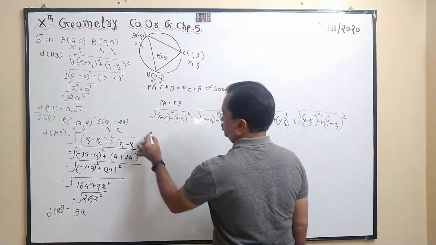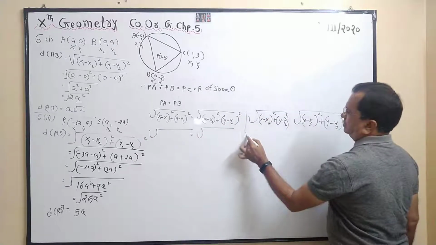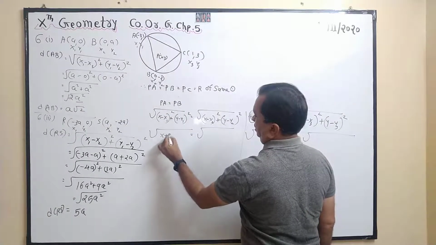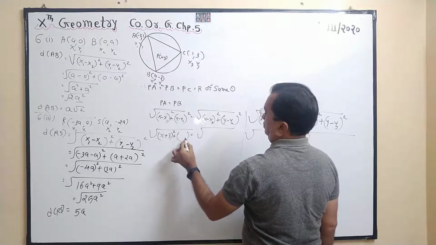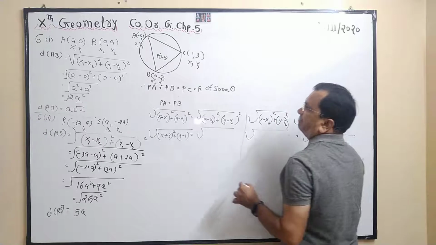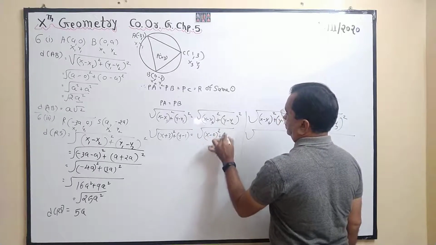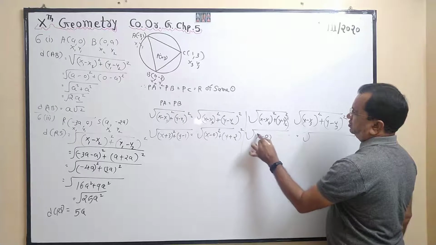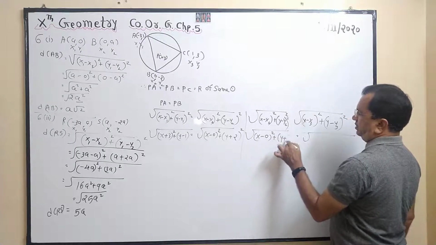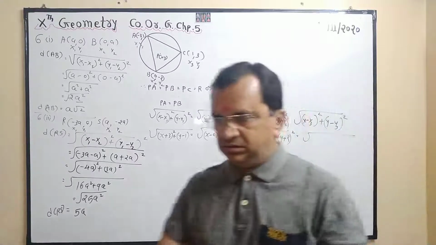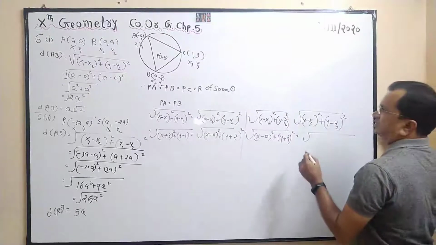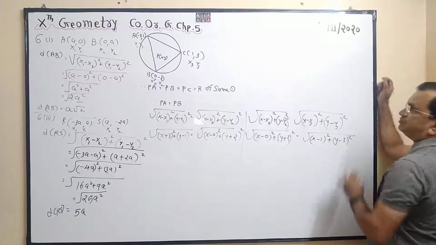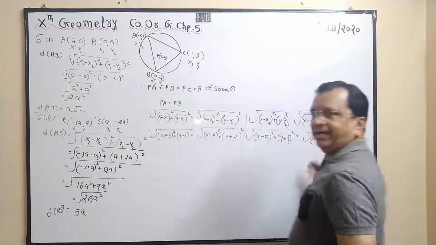Now substituting: (x plus 3) square, (y minus 1) square, (x minus 0) square, (y plus 2) square, (x minus 1), (y minus 3), same because that distance is same. Correct. 1, 2, 3 I have substituted.